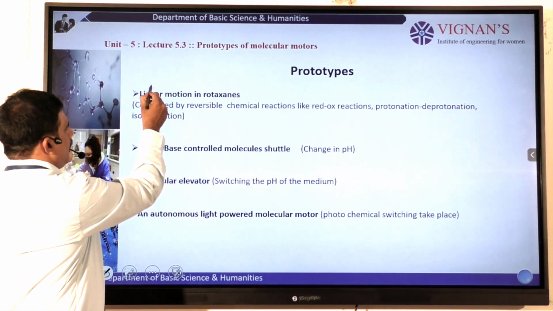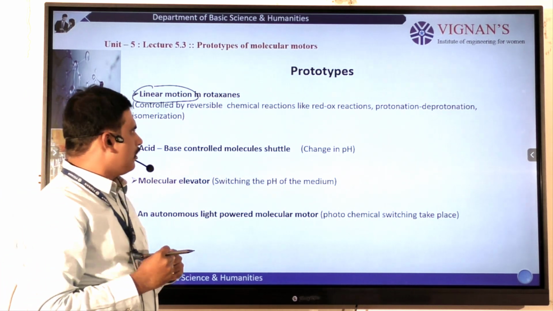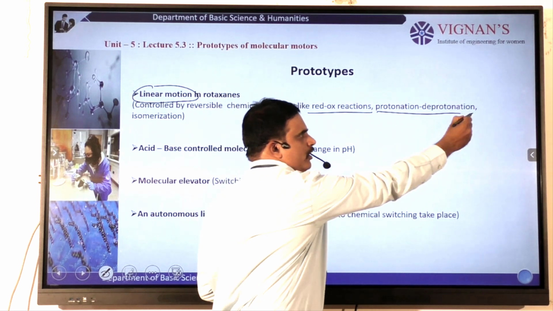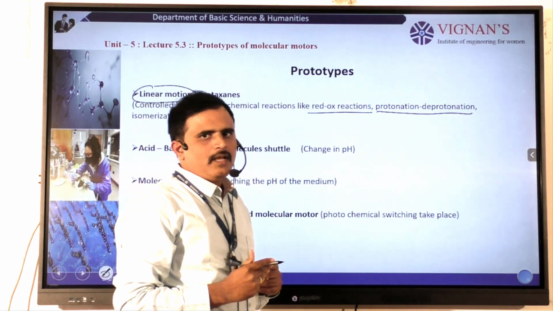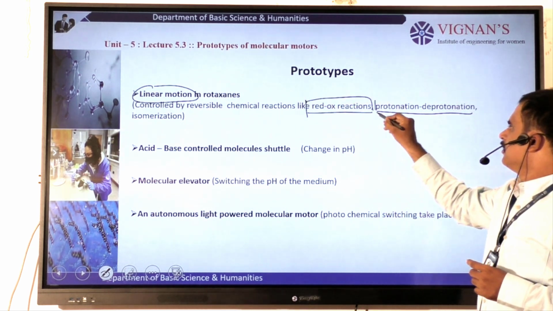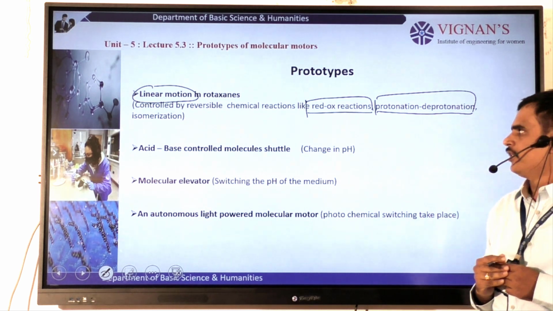This linear motion happens because of redox reactions or protonation or deprotonation steps. That means by these types of chemical reactions we understand linear motion in rotaxanes.